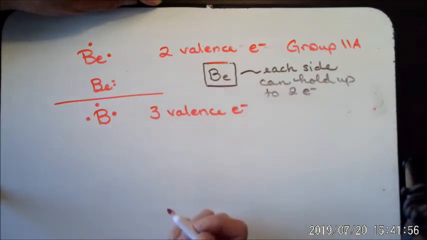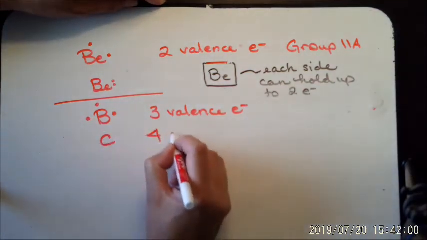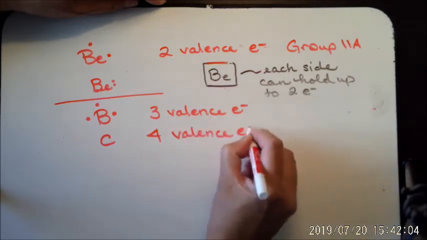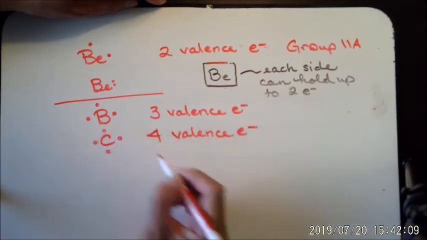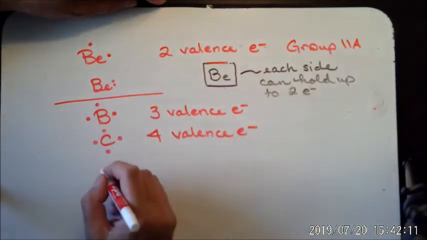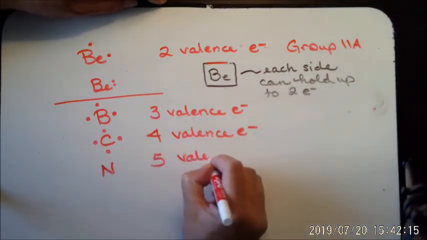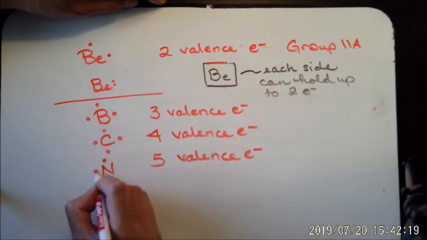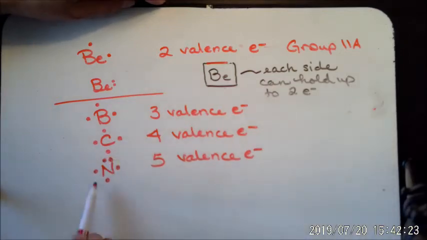So you can draw it like that. Carbon has four. Okay. Nitrogen has 5. When I draw the lone pair, we'll talk about what that means.